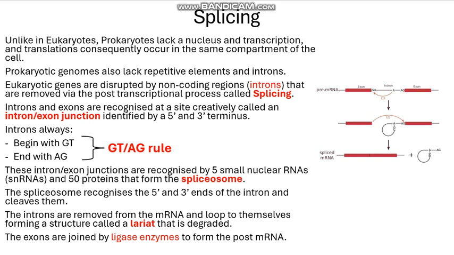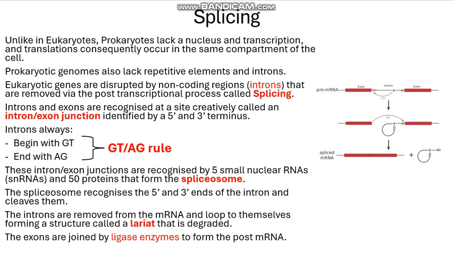We don't have to worry about it. And then all that happens, the exons, which are the coding regions, a ligase enzyme comes along and joins them together. Then we have our spliced post-mRNA, which can be picked up by a ribosome and translated to produce a functional protein.